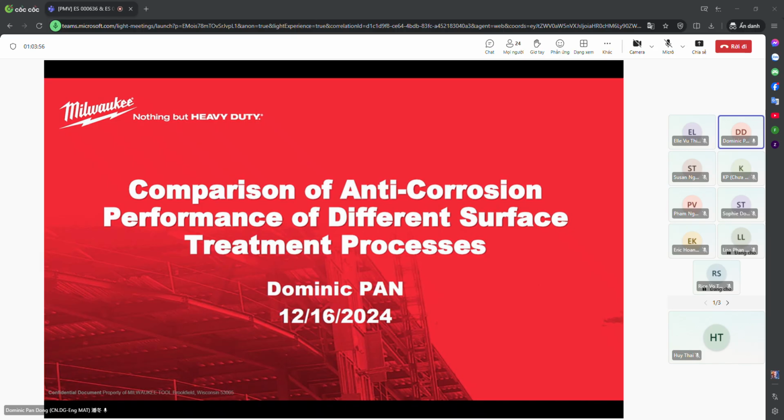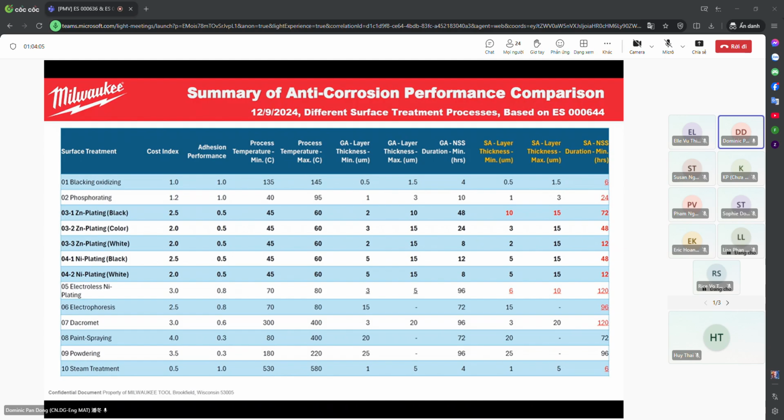That means a comparison of the anti-corrosion performance of different surface treatment processes used in TTI.